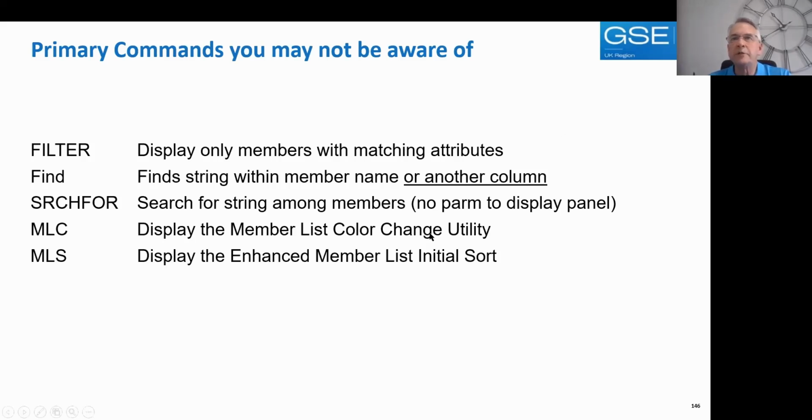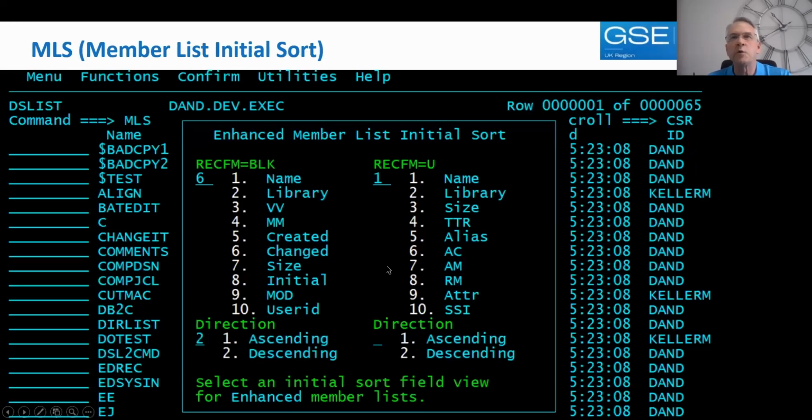There's a color list utility, MLC, like the LC for dataset lists, and the MLS for enhanced member lists allows you to provide an additional initial sort other than the member name. So I typically run with option 6, so change descending, so I see all my most recent changes.